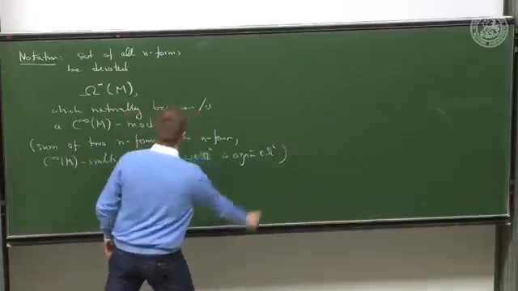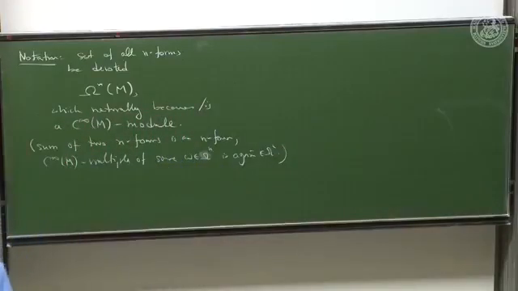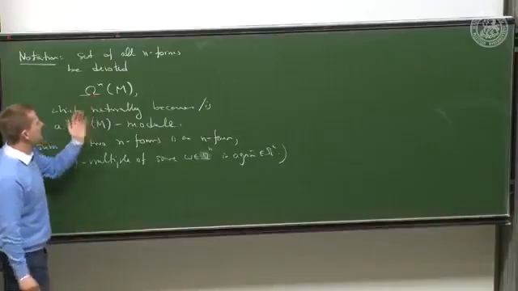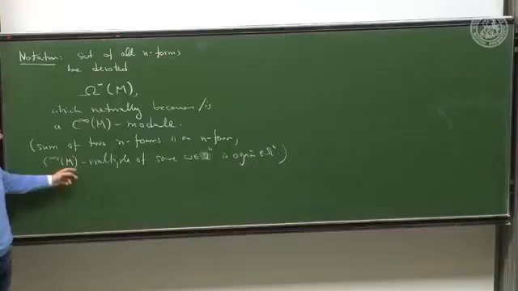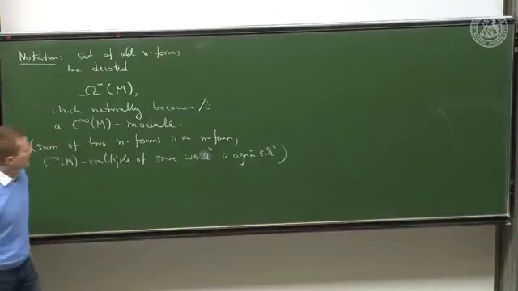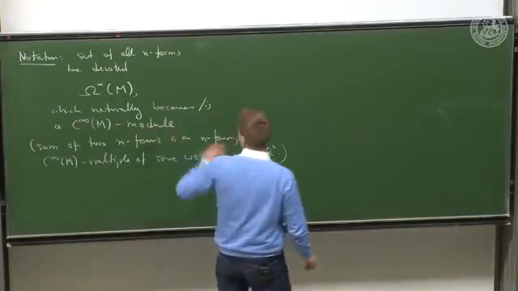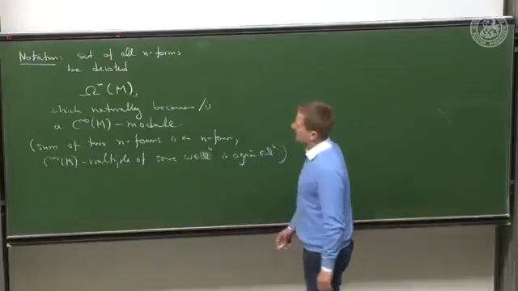That's all quite obvious. And so this is a C∞(M)-submodule. So it is closed under the inherited addition of tensors and the inherited C∞(M) scalar multiplication. But it is not closed under the tensor product.